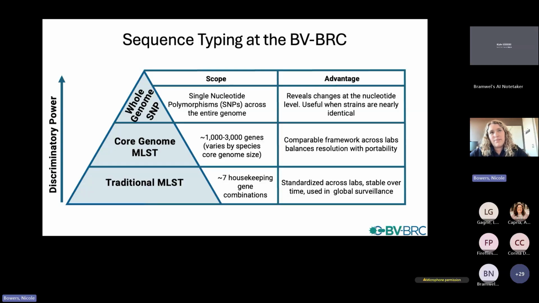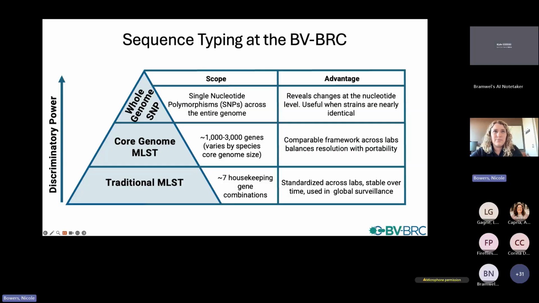The concept behind core genome MLST is similar to the traditional MLST, but a much higher level of granularity. It covers all the genes, or at least the core genes, in a genome, and that can be around 1,000 to 3,000 genes depending on the pathogen. And again, this is used to determine a sequence type, a way to compare isolates at a glance.